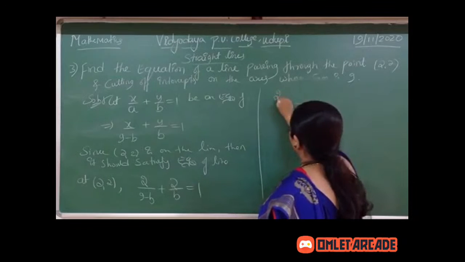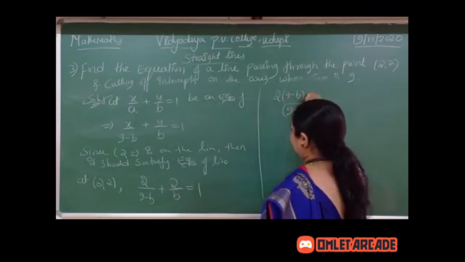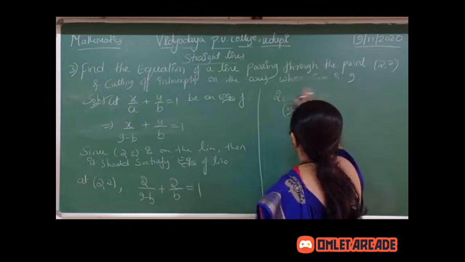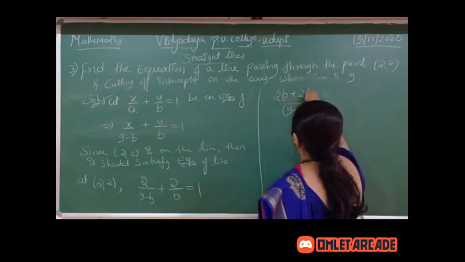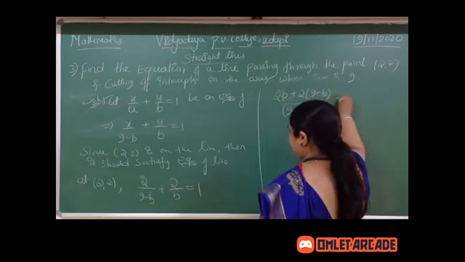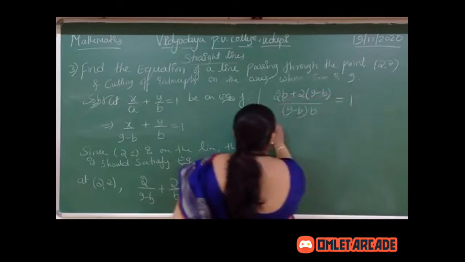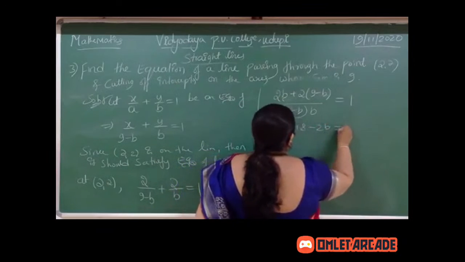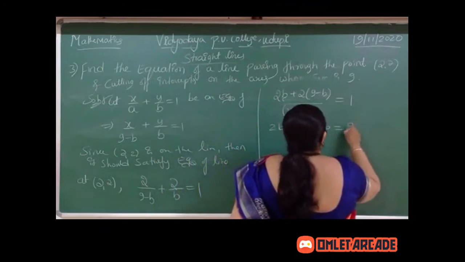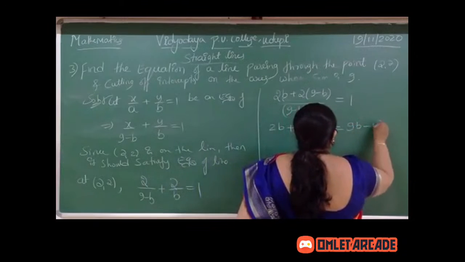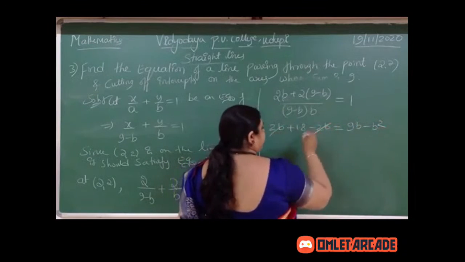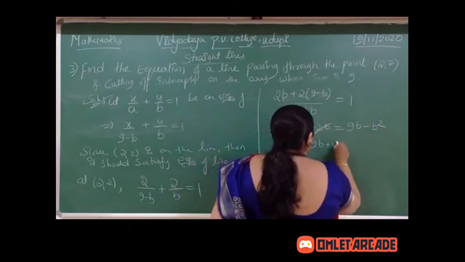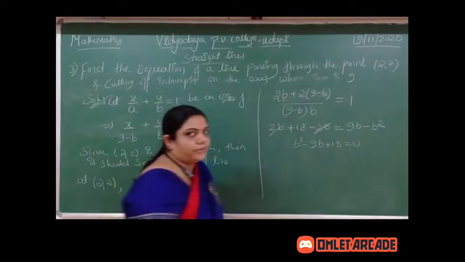So the numerator is 2 into b plus 2 into (9 minus b), which is equal to (9 minus b) into b. So 2b plus 18 minus 2b is equal to 9b minus b squared. Here 2b gets cancelled. So b squared minus 9b plus 18 is equal to 0.